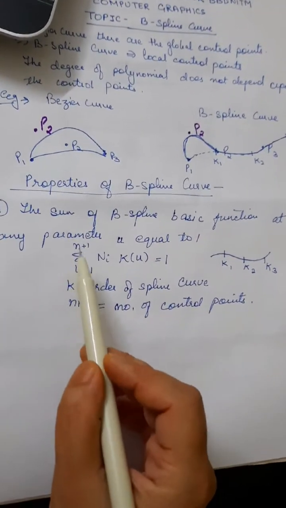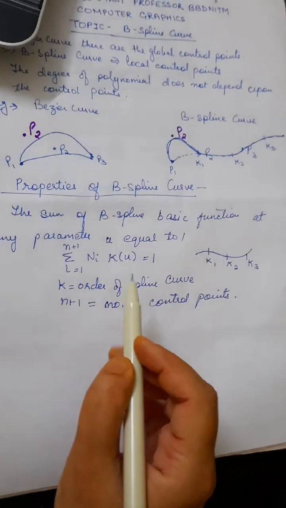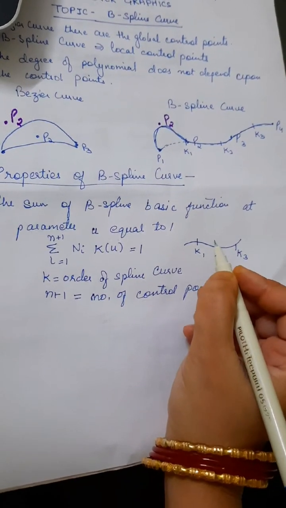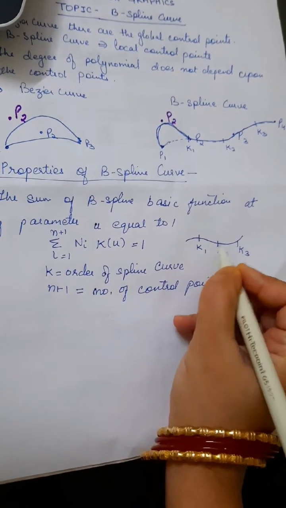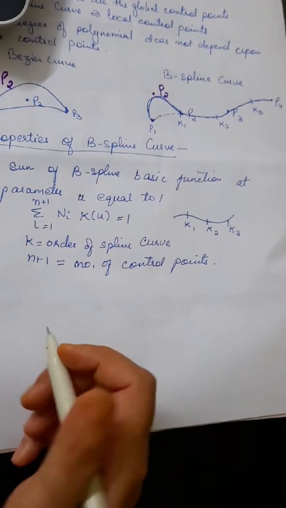So already I told you that this N i,k of u is equal to 1. It means that the whole curve is divided into equal segments K1, K2, K3 and this is equal to 1.